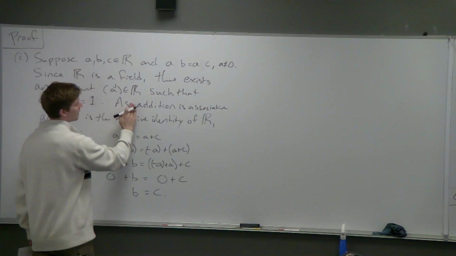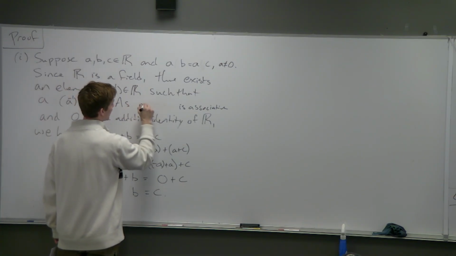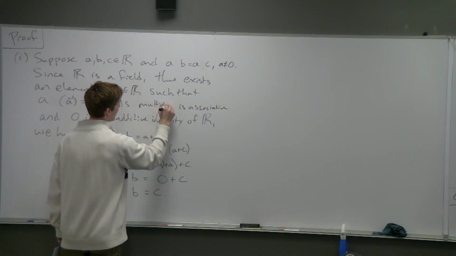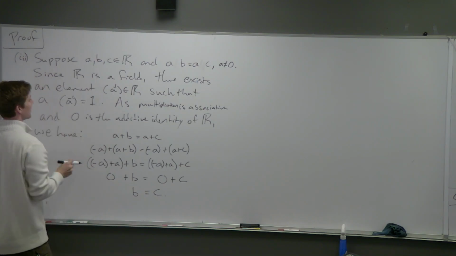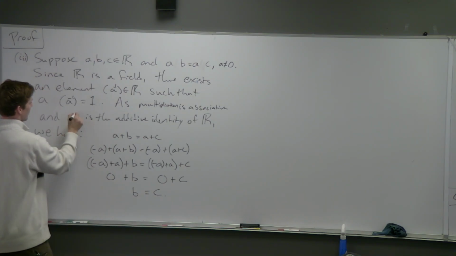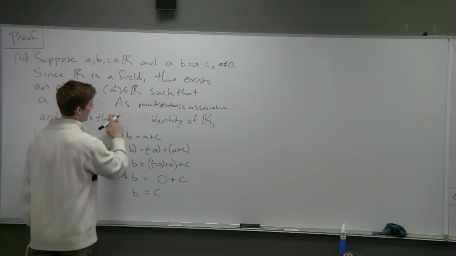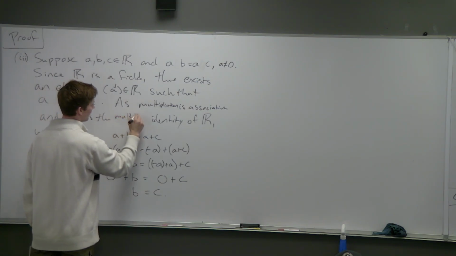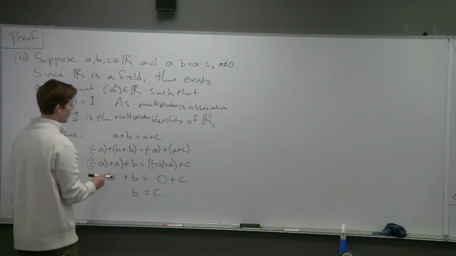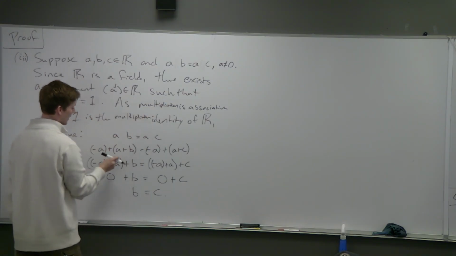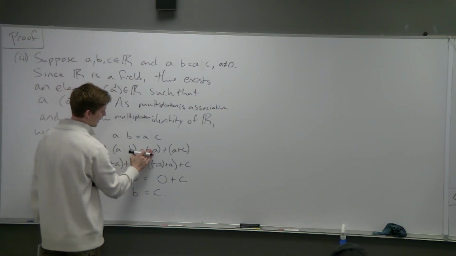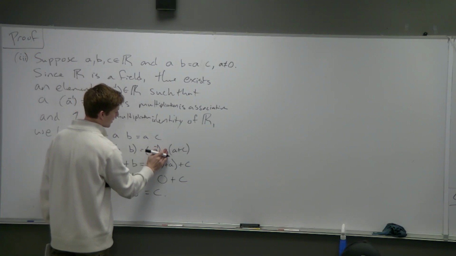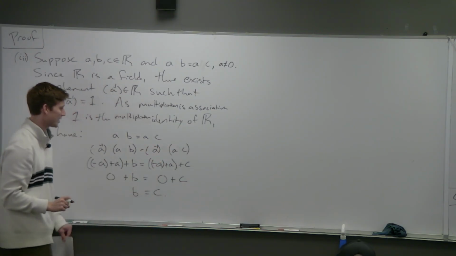Okay. As multiplication is associative, this, by the way, is now item 3, and 1 is the multiplicative identity of R, we have the following. AB equals AC implies that, now I'm just doing exactly the same thing, but just erasing my plus sign so it looks like multiplication.